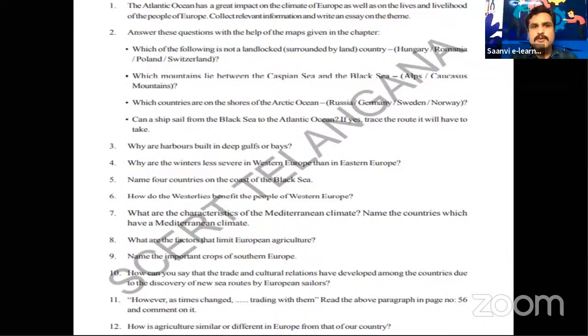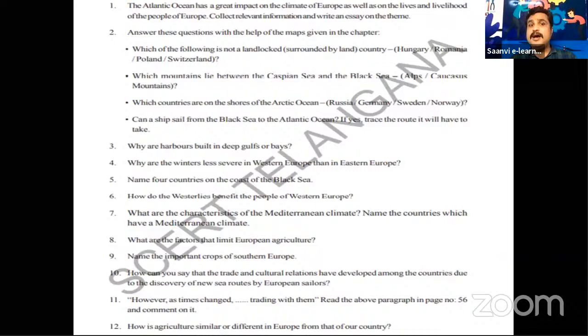Next question: which mountain lies between the Caspian Sea and the Black Sea? Alps, Caucasus Mountains. Which one? The second one, Caucasus. So that mountain is in between the Caspian Sea and the Black Sea.